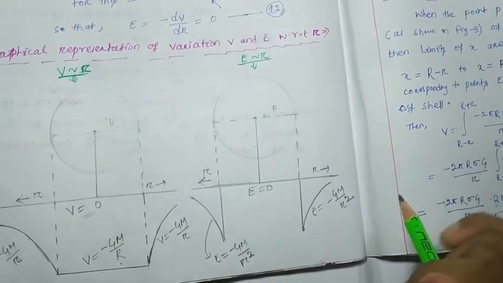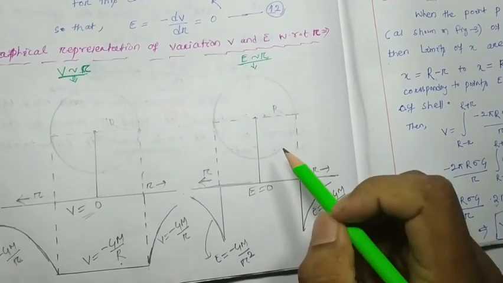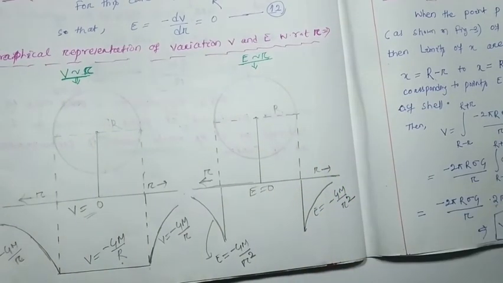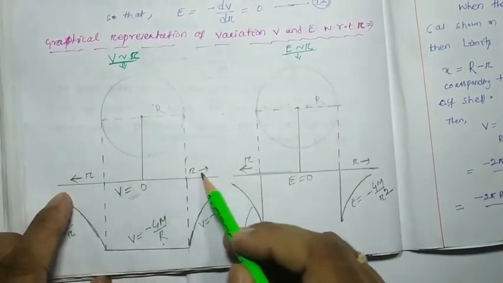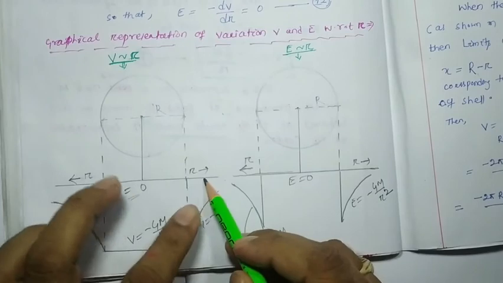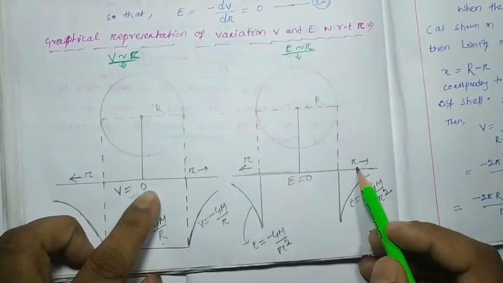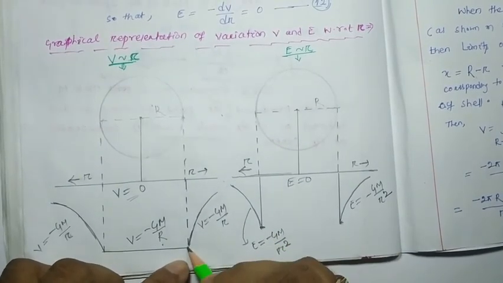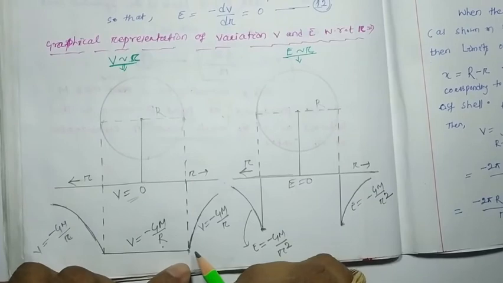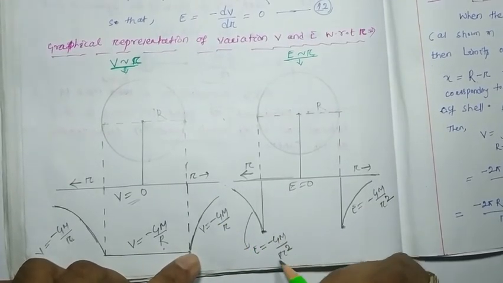So this is the thing, and I suggest that you draw the figures perfectly. One thing you also have to mark: this line is the same 0 line, but this peak value is different. How is it different? See here, minus GM by r, here minus GM by r square.